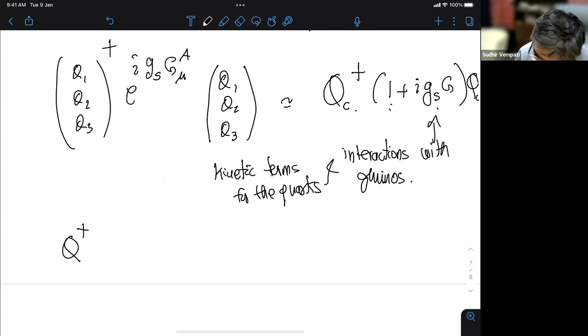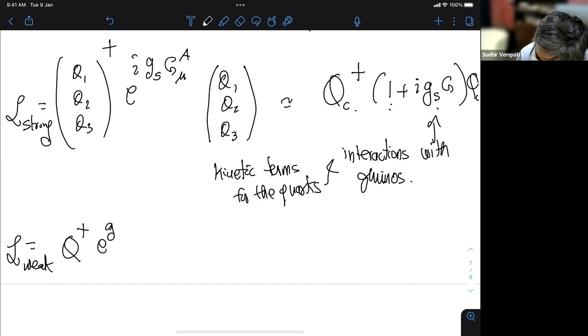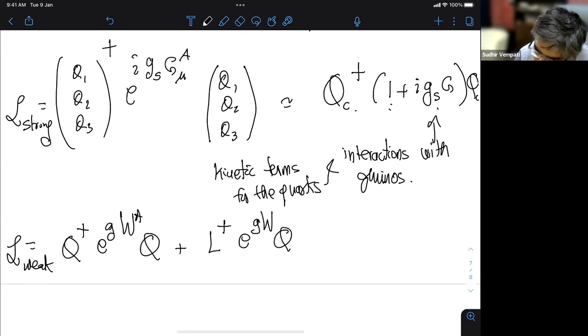This will give me L strong, and then L weak: Q dagger e^{g W} with the superfield corresponding to the W field, Q. Similarly for the left-handed leptons, e^{g W} L, plus so on, so on. All the left-handed fields.